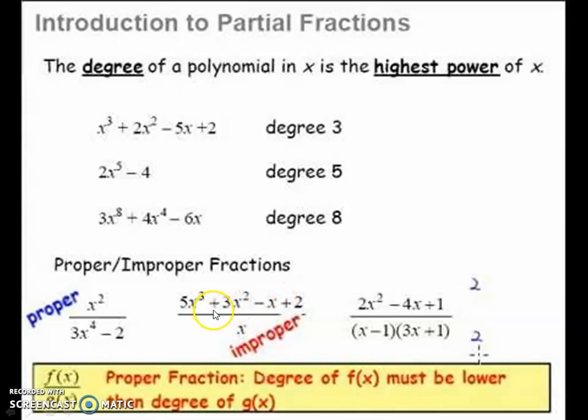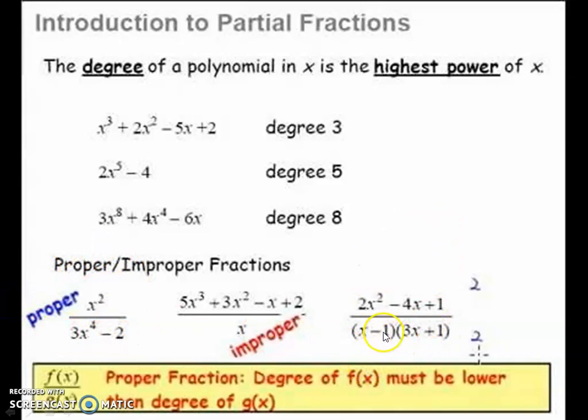But this example is improper: x cube plus 3x square minus x plus 2 upon x. Here the numerator's x degree is greater than the denominator's x degree. That's why it is called an improper fraction. And if the degree of the denominator is greater than the degree of the numerator, then it is called a proper fraction.